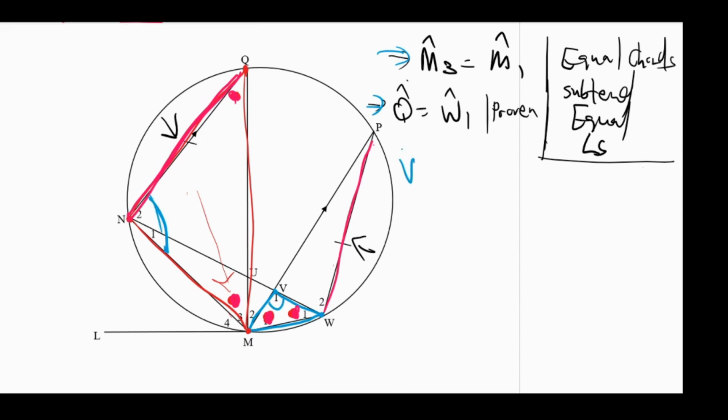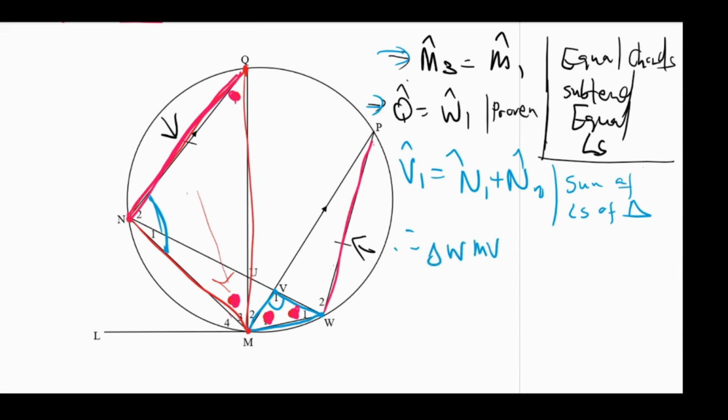So this confirms now that V1 would be equal to N1 plus N2. So this is just the sum of angles of a triangle, right? So yeah, therefore the triangles are similar. So triangle WMV is similar to triangle QMN. So the reason is we just used angles only to prove that. It's angle, angle, angle. Right.